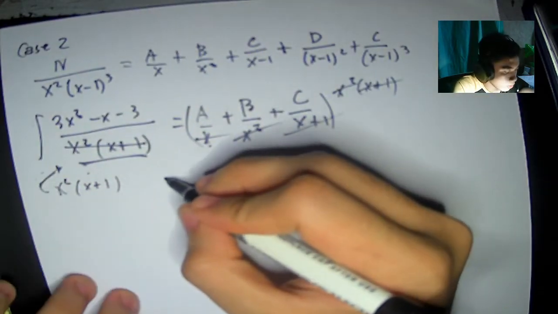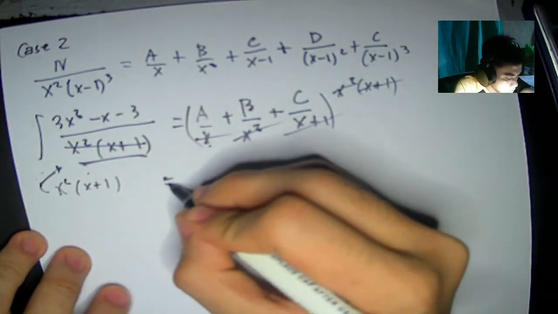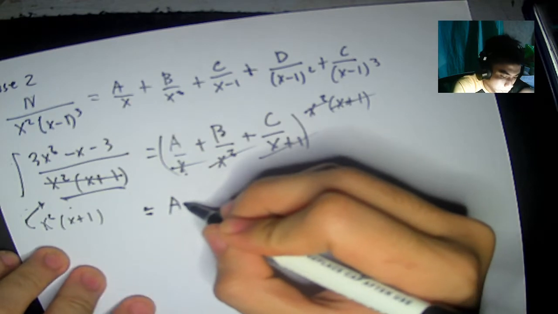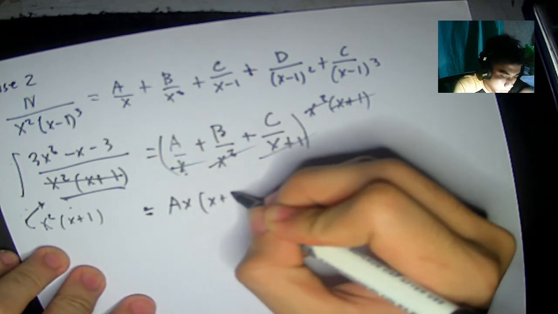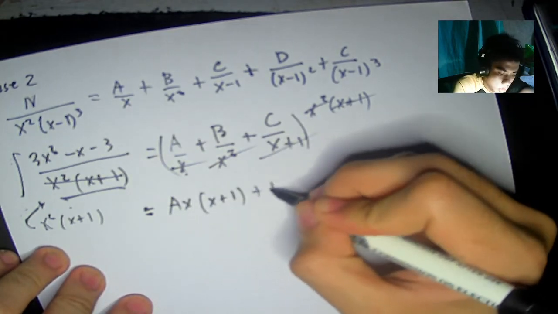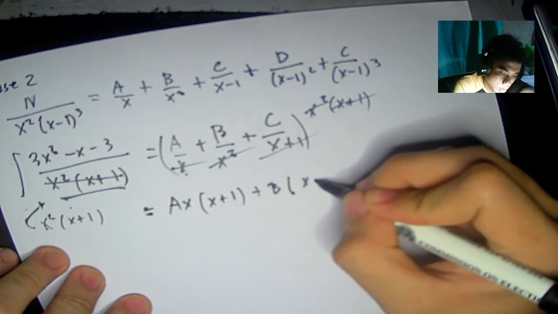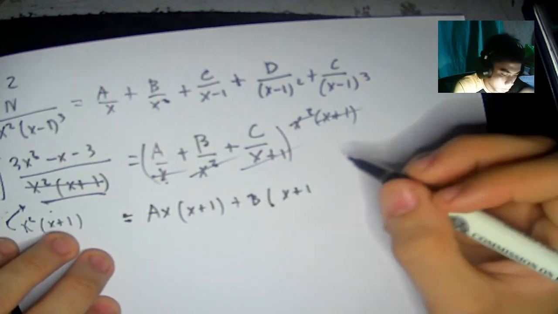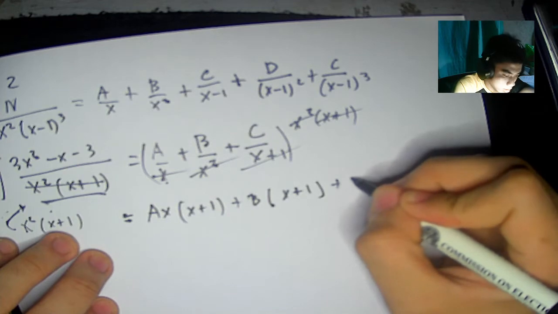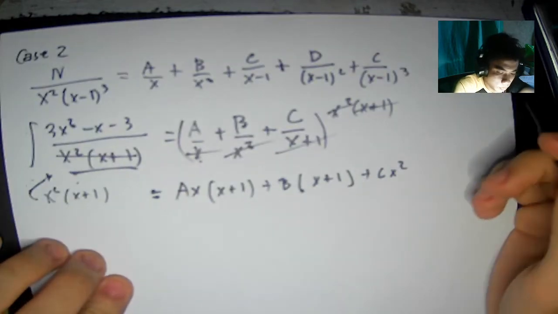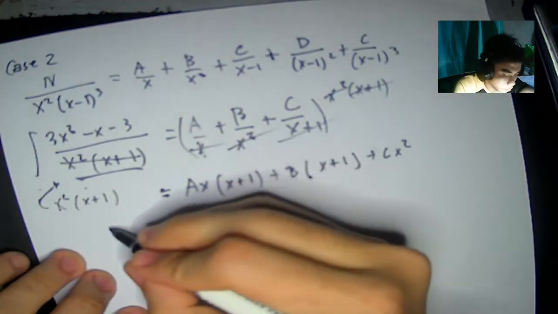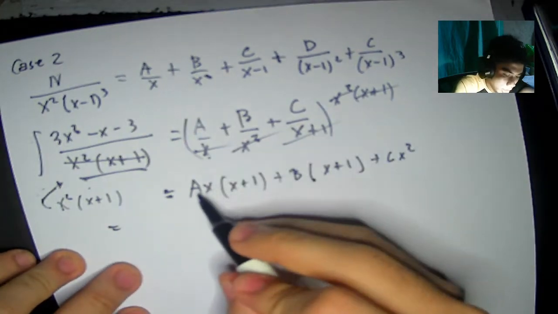So what we'll have here is ax, x plus 1, and b, x plus 1, plus c, x squared. So let's multiply ax.